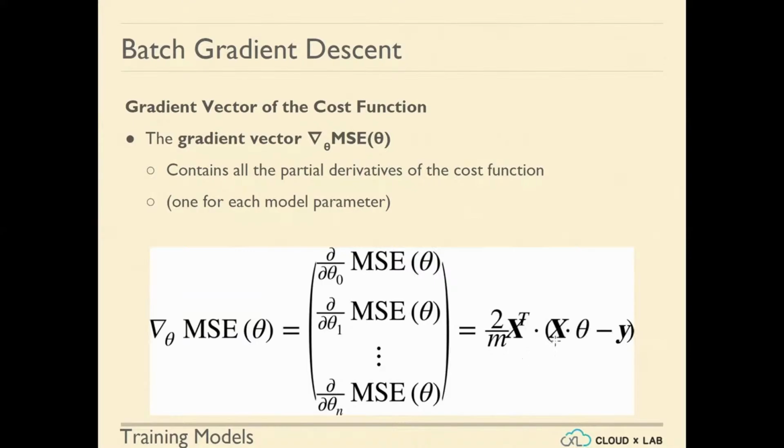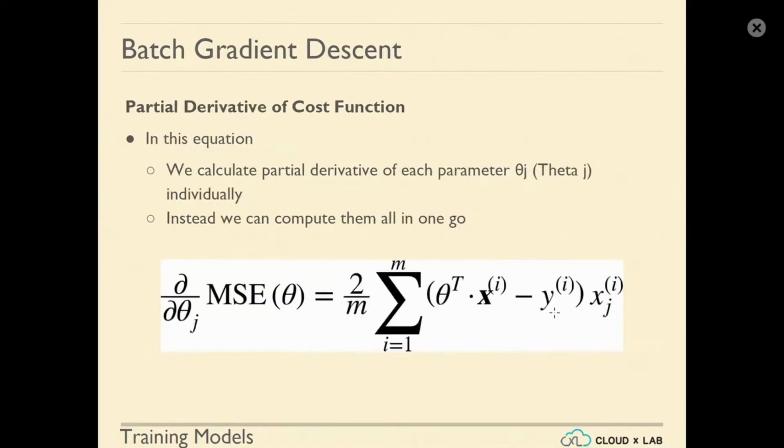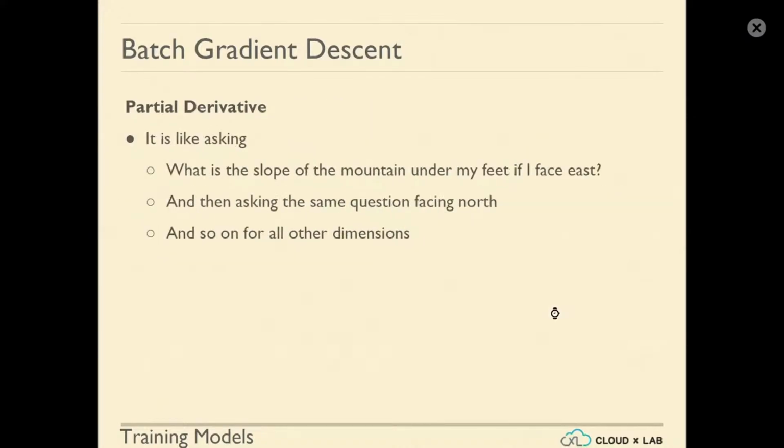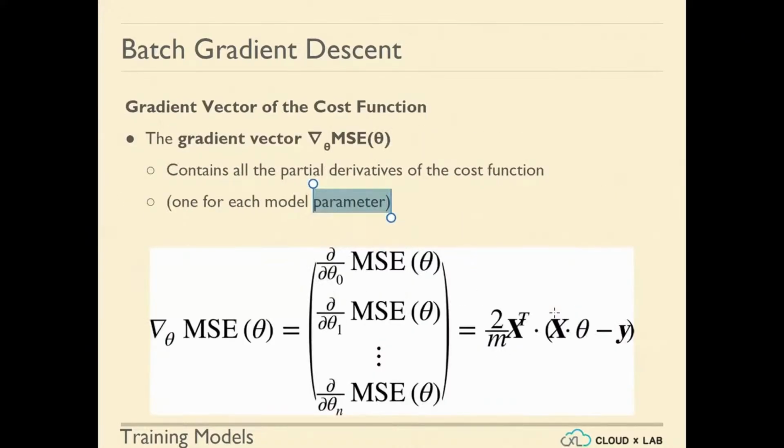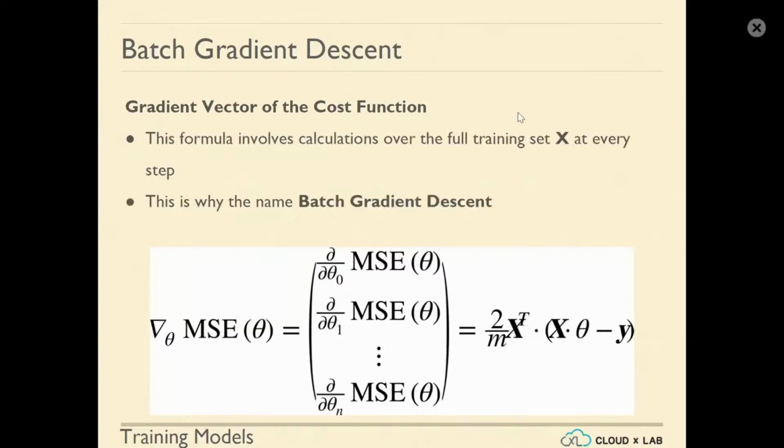What is this X matrix? It is the matrix that we get after arranging data points row-wise, right?